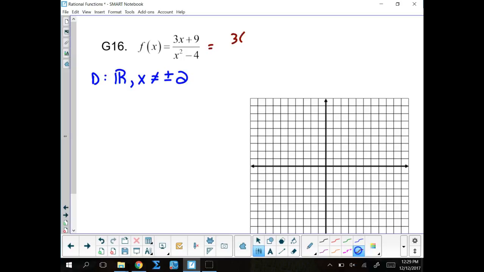We could factor out a 3 and we'd be left with x squared minus 4, and we can make that be x minus 2 and x plus 2. So it can be factored, but yet there are no common factors. So we can finish off step number 1 then. What are my vertical asymptotes?